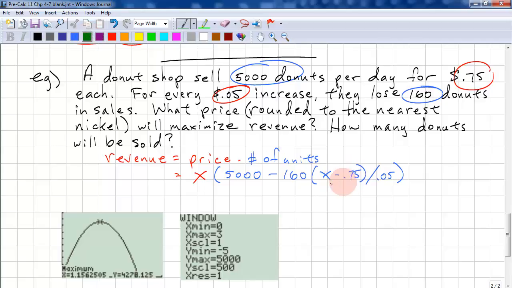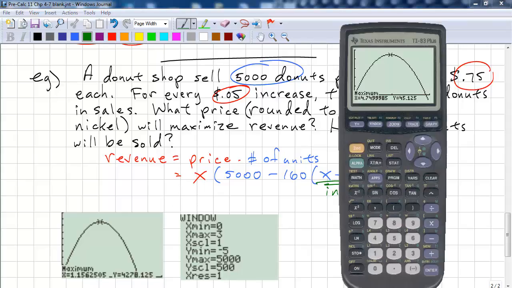And this piece is considered our increase in price. Because every cent above 75 cents is our increase. Okay, so we have a formula. Now we can graph this.